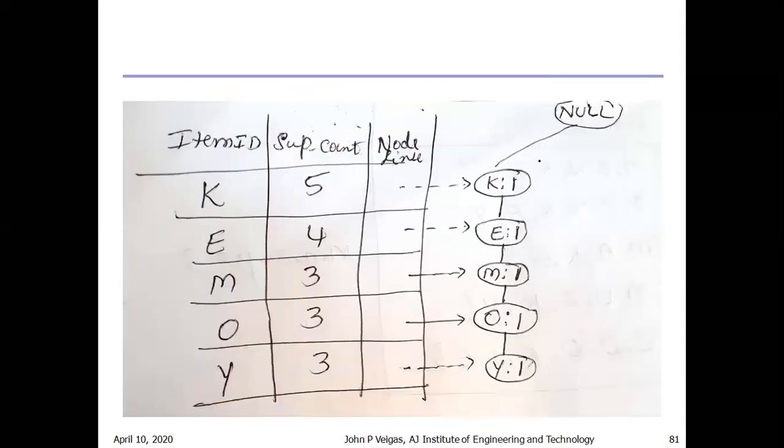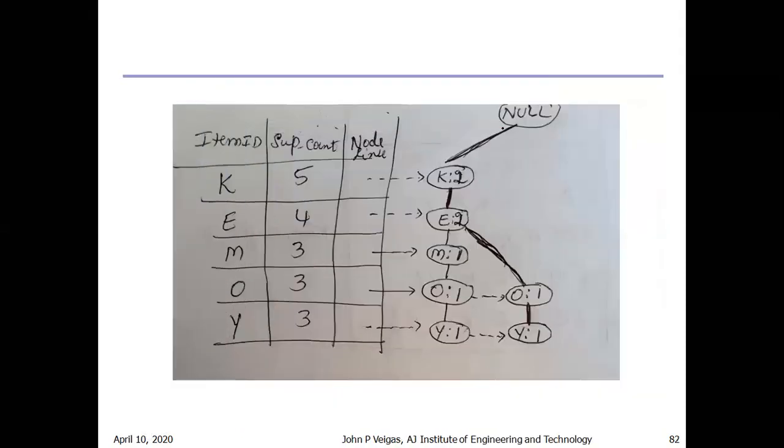KEOY. So K is present. K will be increased to 2. E is there. Right, KE. Next is O. So O is present, but M is not present. That's why K will be increased from 1 to 2. E is increased from 1 to 2. And we need to create one more node, O, with support or frequency 1.